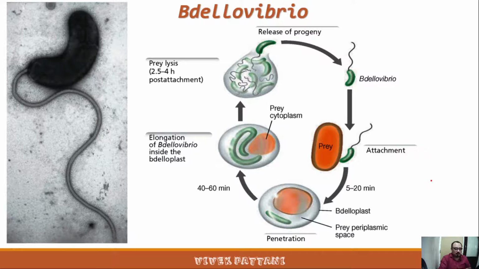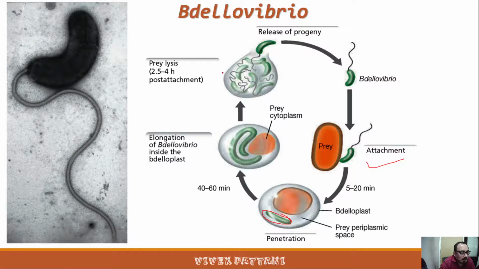Now this is the life cycle of a Bdellovibrio. The process starts with the attachment, and after 5 to 20 minutes the Bdellovibrio enters. You can see that the bacterium enters the periplasmic space. After 40 to 60 minutes the Bdellovibrio starts to elongate, which means to grow longer.